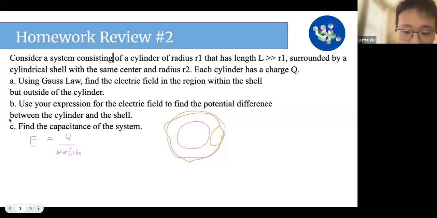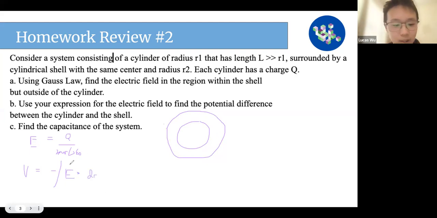Okay, I want to find the potential difference. What's the potential difference? Remember, the potential difference V equals the negative of the integral of E dot dr. Remember, this is a dot product, not just a regular product, between these two vectors.